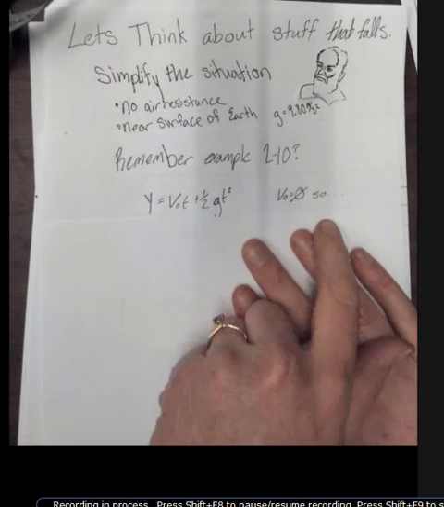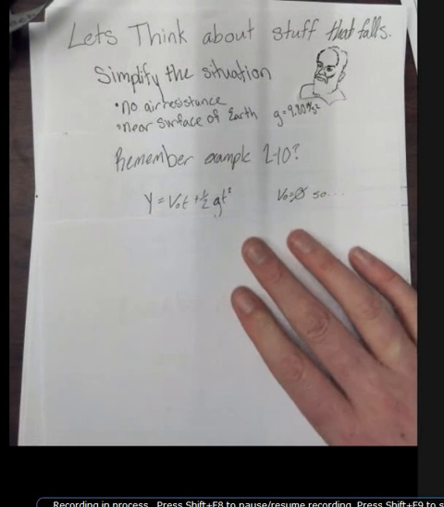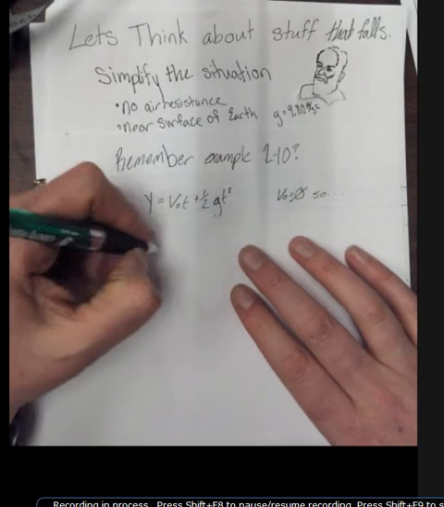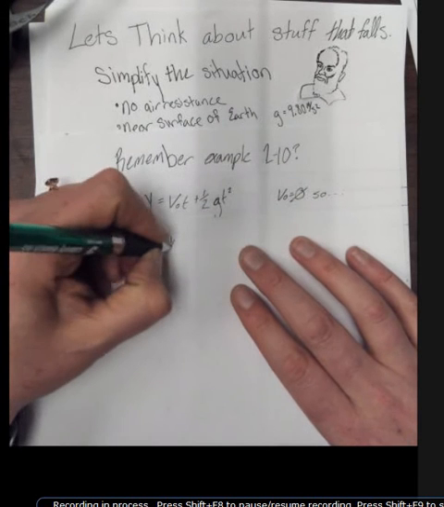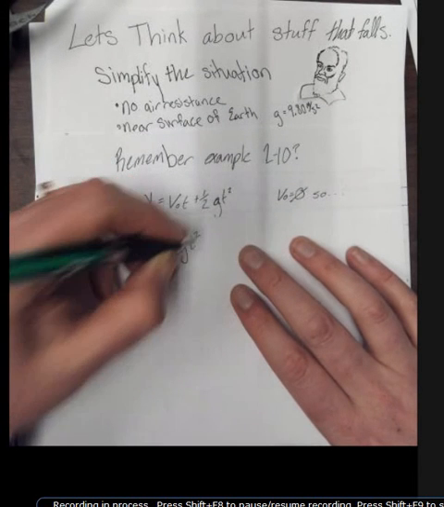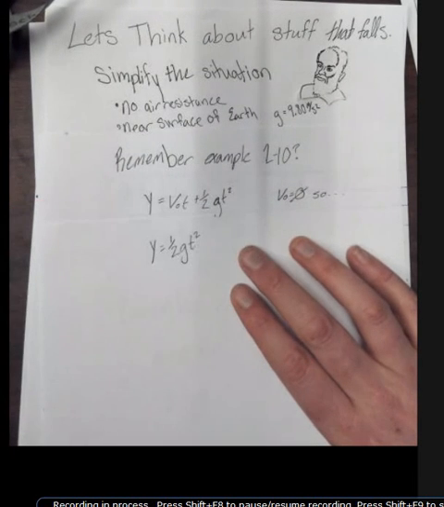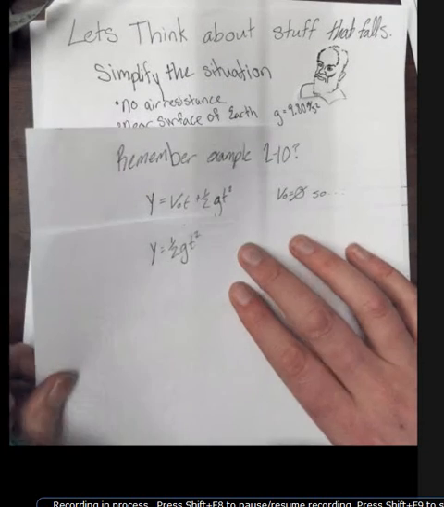And our initial velocity is 0, so the position is going to equal 1/2 gt squared. And we can do that for each second. You're going to get some pretty nifty values here.